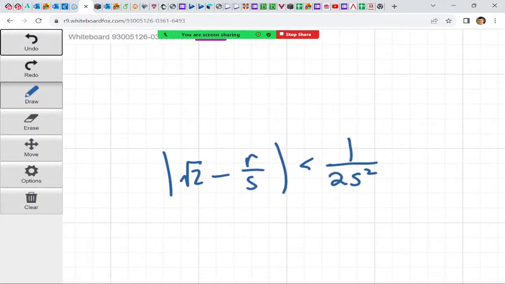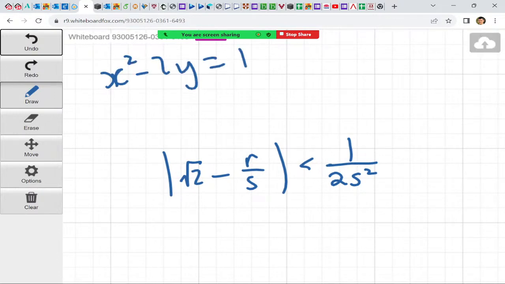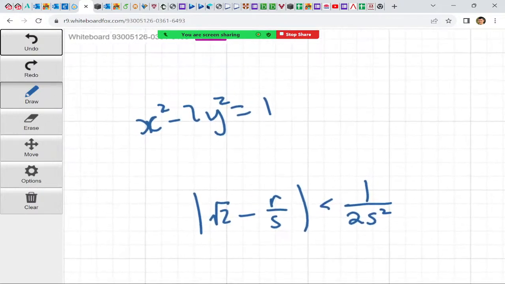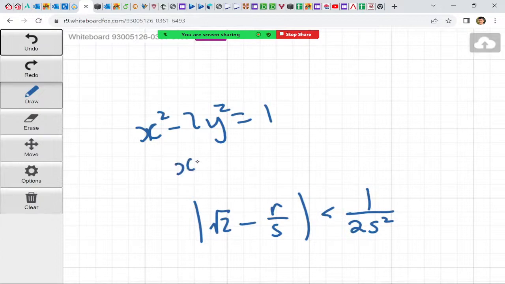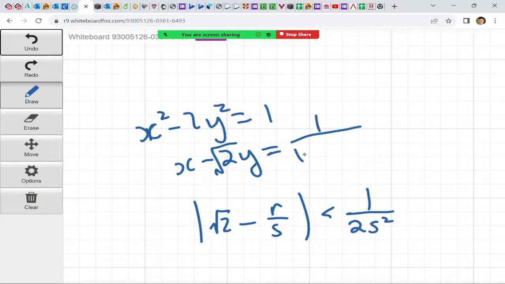See, because if you have x squared minus 2y squared equals 1, right? Then you get x minus root 2y times x plus root 2y equals 1. Obviously, x is bigger than root 2y, so this is positive, and it's equal to 1 over x plus root 2y.